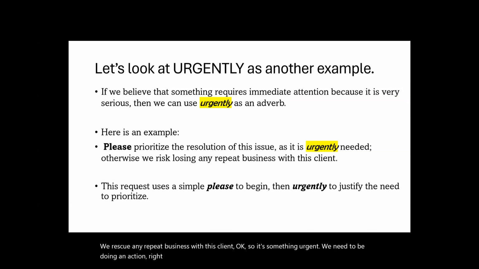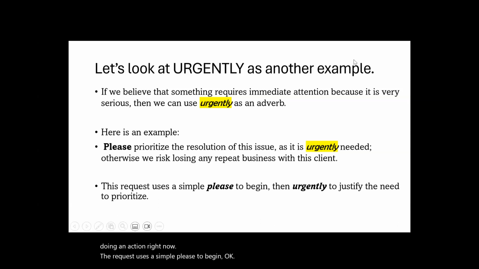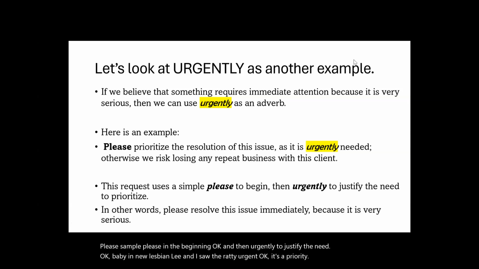The request uses a simple please to begin. So we notice that we use please simple at the beginning. And then urgently to justify the need. It shows why I need it urgently now. Okay, it's a priority. In other words, please resolve this issue immediately because it's very serious.